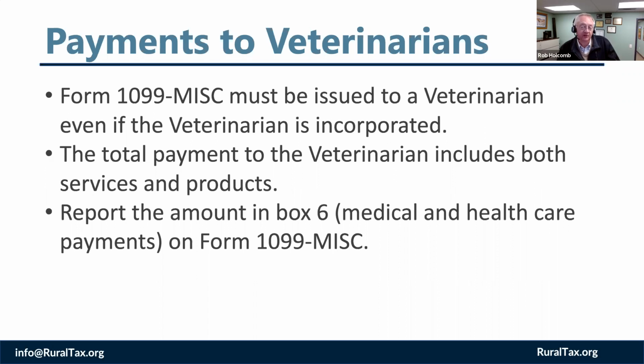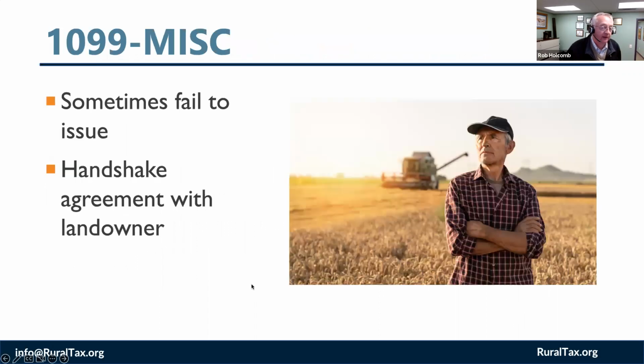So your two exceptions are going to be the veterinarians and attorneys and law firms. Those are the two that are going to get 1099s whether they're incorporated or not.